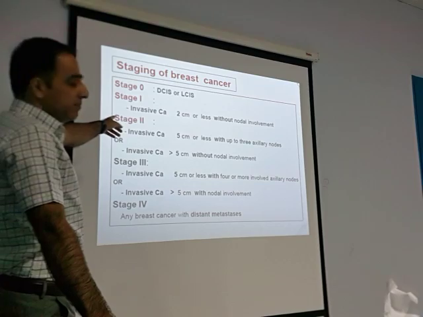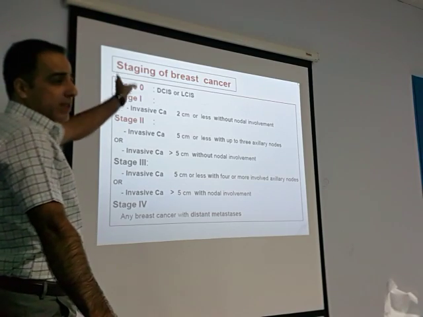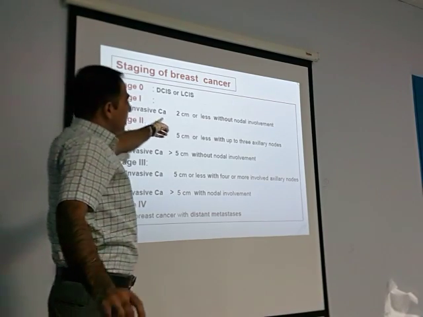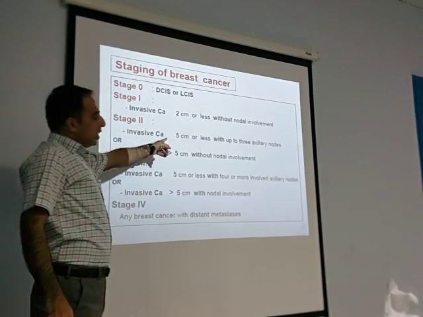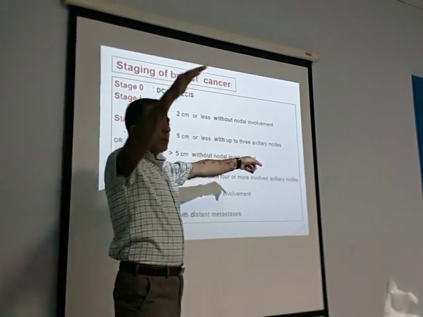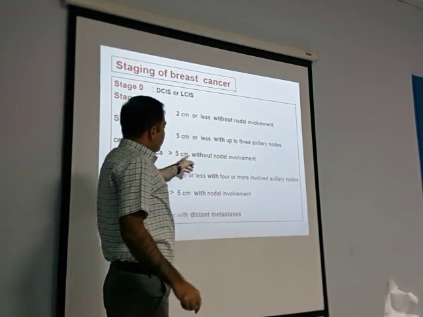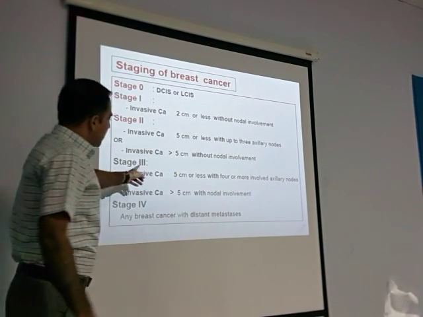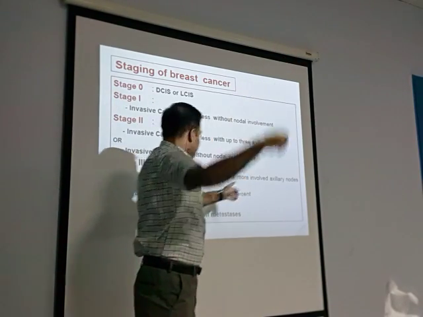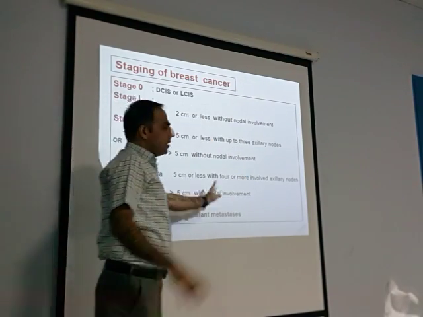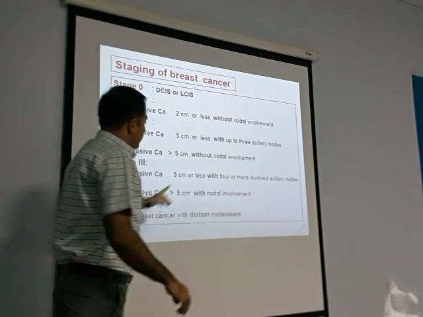This is the staging. Stage 0, in situ carcinomas. Stage 1 is 2 centimeters or less, so good prognosis. Stage 2, it may be up to 5 centimeters with up to 3 lymph nodes, or more than 5 centimeters without lymph node. Stage 3, 5 centimeters or less with 4 or more lymph nodes, so lymph nodes are increasing, or more than 5 centimeters with nodal involvement.